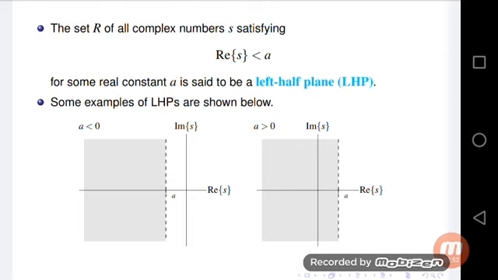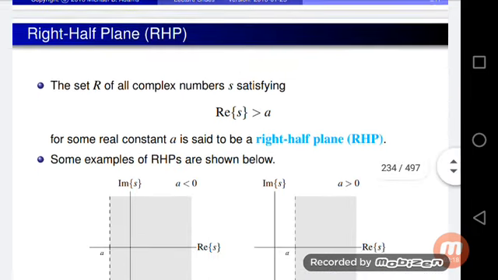The whole region depends on a, which is a real constant. When we increase the value of a, the region will move from the left side to the right side.